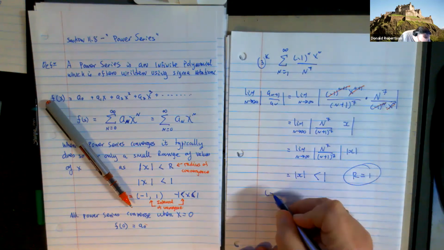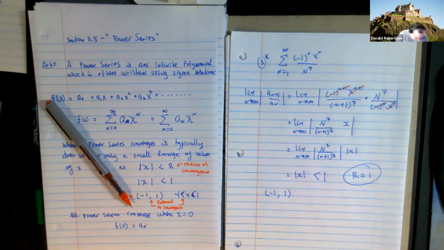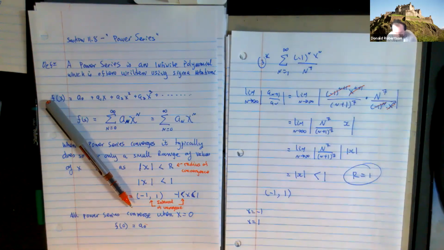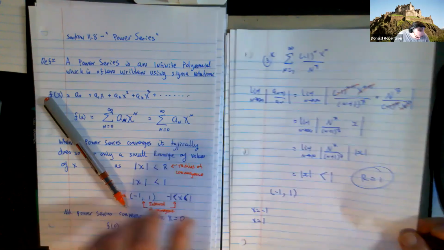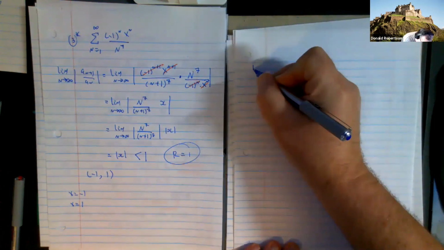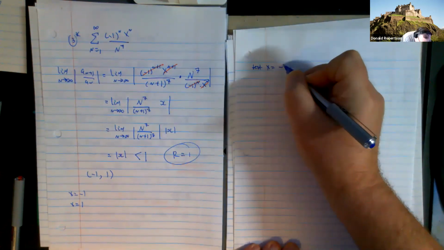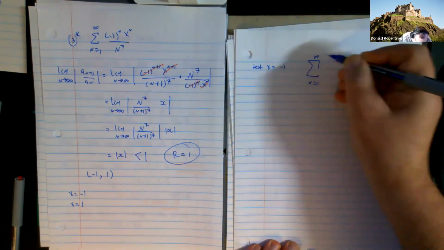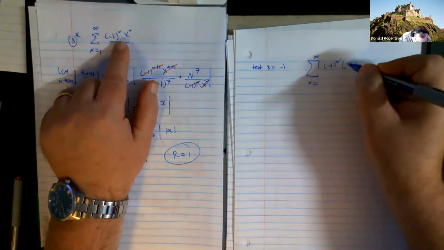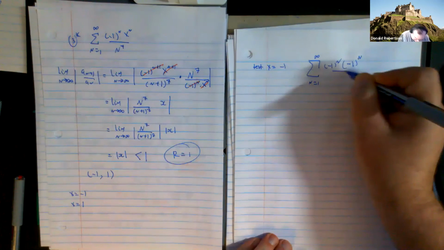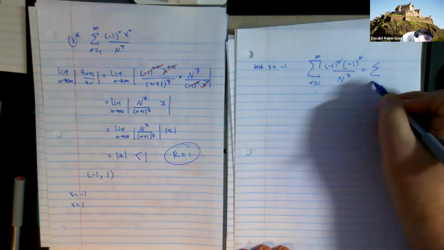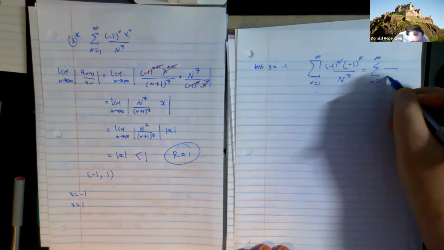My possible interval of convergence, I would then test -1 and +1. Let's see what they look like. I'll do -1 first. The endpoint -1, what does that get me? Sigma n equals 1 to infinity, -1 to the n, -1 to the n over n to the 7.